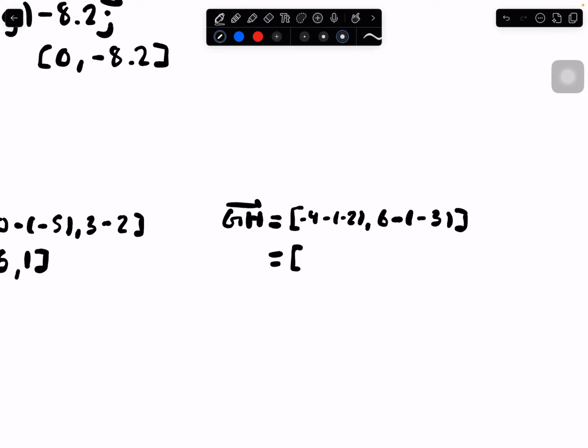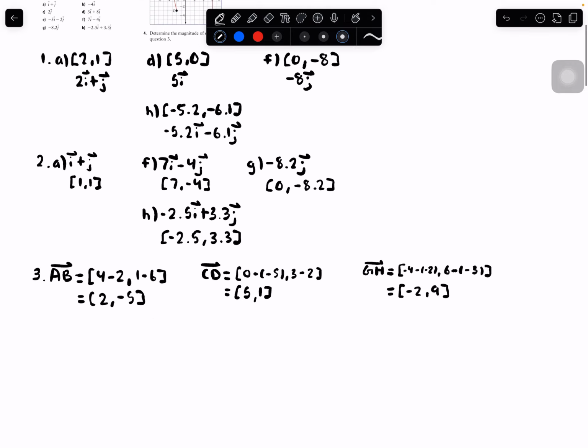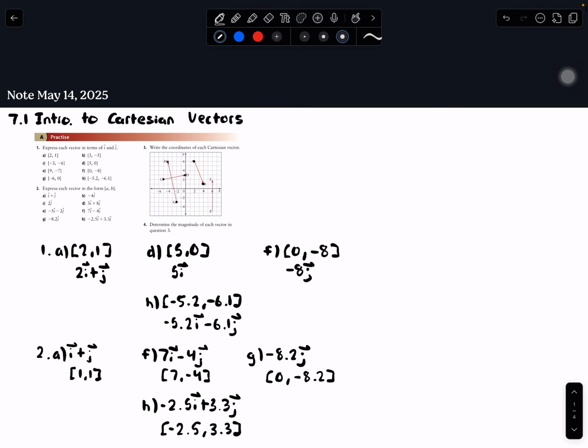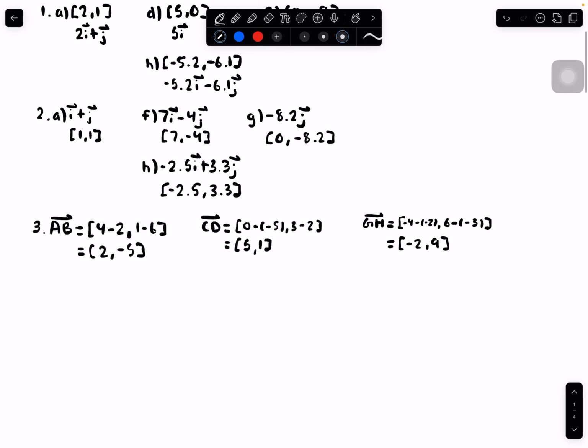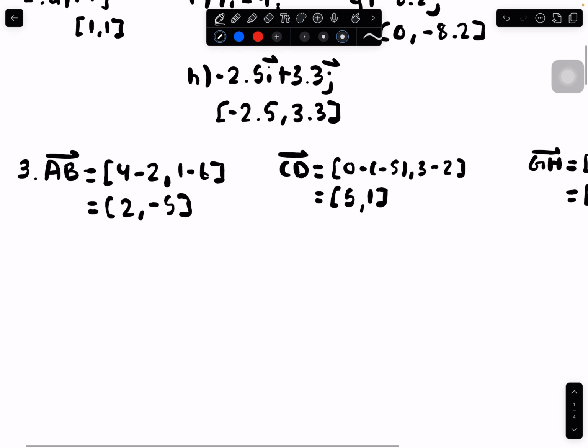That gives us negative 2 and 9. And we have EF. I guess I screwed up the alphabetical order, but that doesn't really matter.